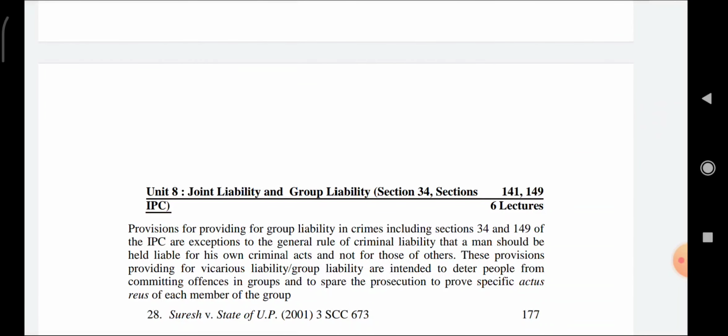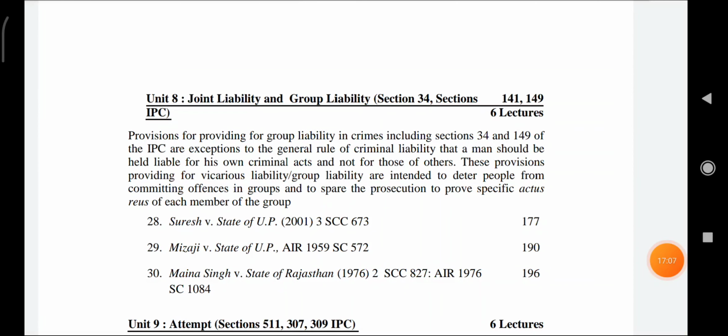Okay, Unit 8. Joint liability and group liability. Section 34, that is common intention, of the Indian Penal Code. Provisions for group liability in crime, including Sections 34 and 149 of the IPC, are exceptions to the general rule of criminal liability that a man should be held liable for his own criminal acts and not for those of others.